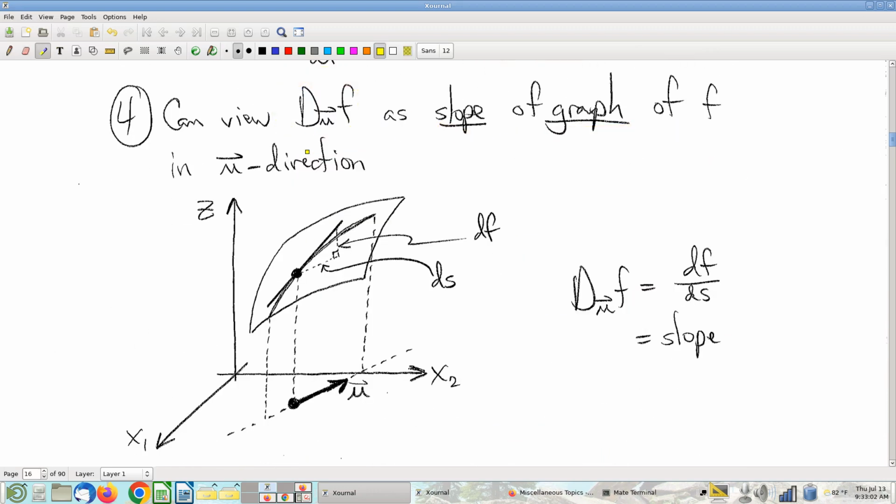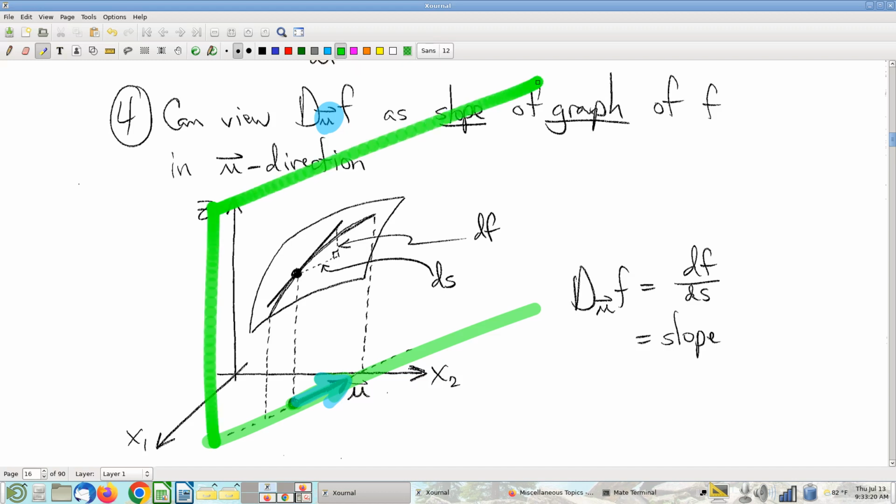So specifically, when we say slope of the graph, though, not in the direction of one variable or another variable, rather in the direction defined by whatever that unit vector is. So that unit vector in the domain points in a direction. That direction defines a vertical plane that cuts through the graph.